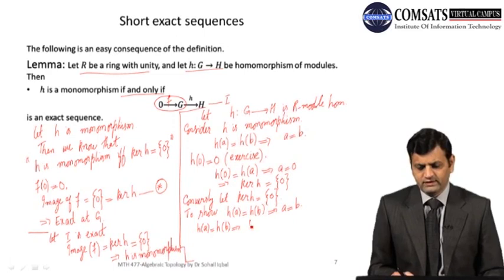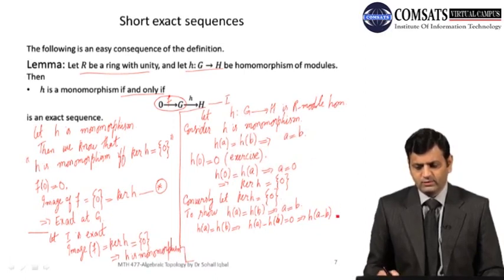This implies that h of a minus h of b is equal to 0, which implies that h of a minus b, we can write it down like this because h is an R module homomorphism, is equal to 0. So we have an element a minus b whose image under h is 0. So it means that a minus b must belong to the kernel of this R module homomorphism. But we have assumed that the kernel of h is 0.